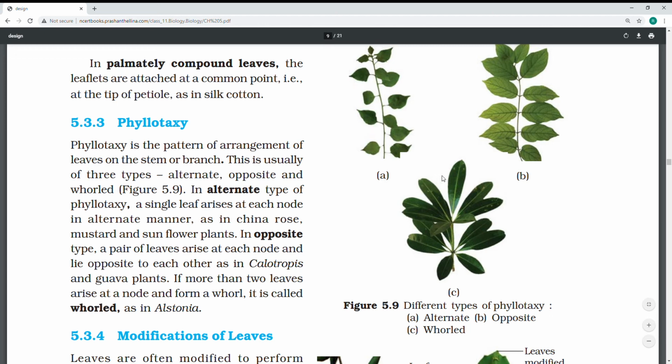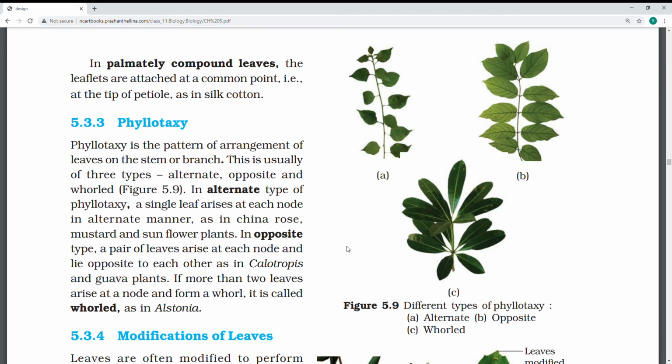If it is completely like a flower, those are called whorled. Just observe these arrangements in plants wherever you are going outside. When it is alternate, that is hibiscus. When it is opposite, calotropis. For whorled, they have given alstonia.